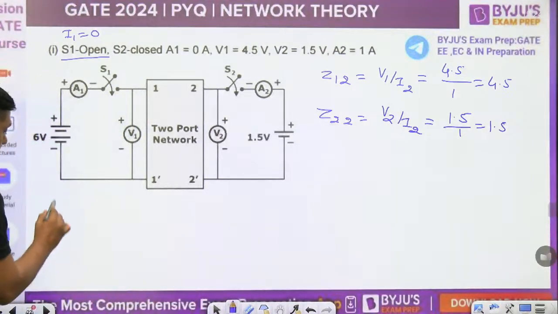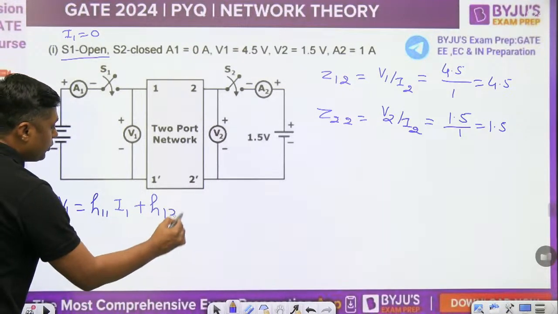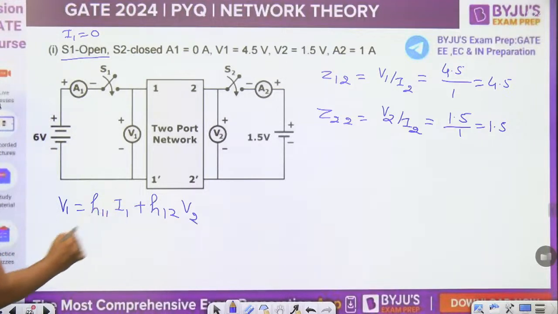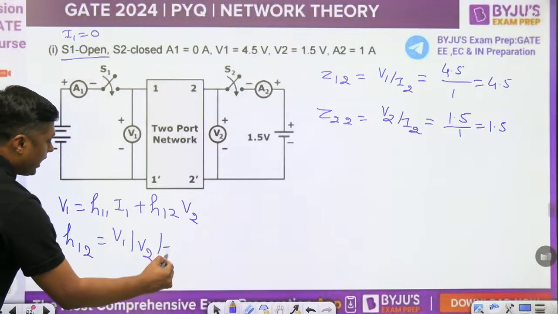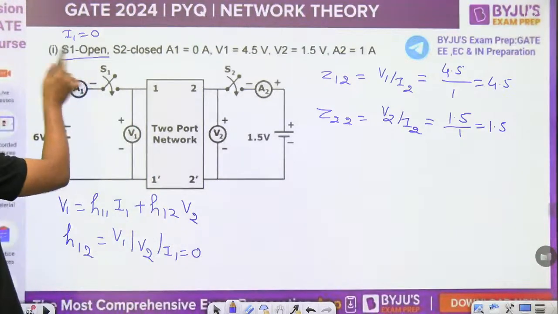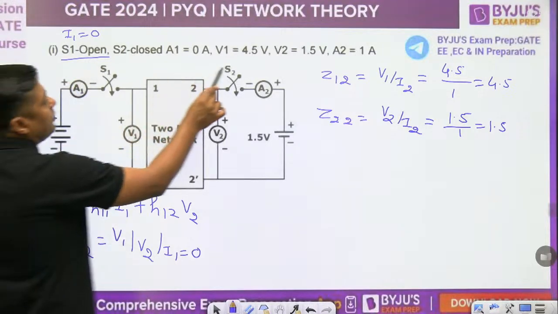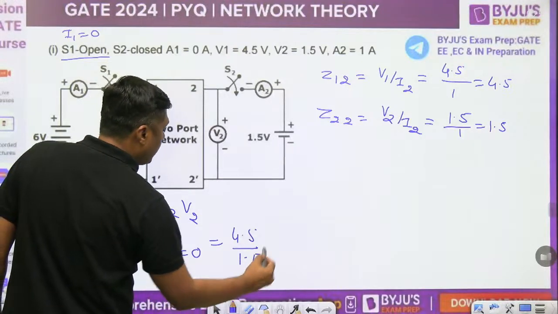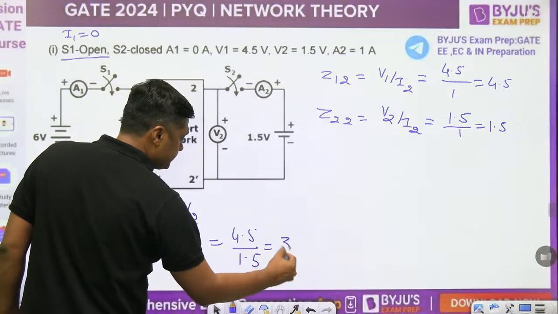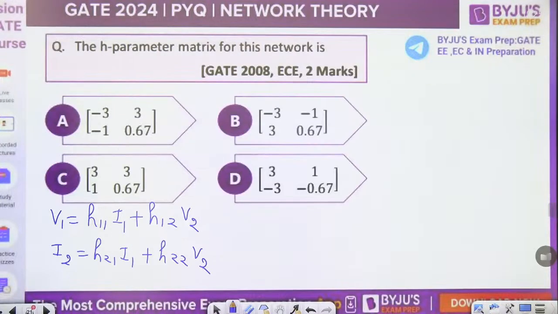V1 is equal to H11 I1 plus H12 V2. So what is the H12? V1 by V2 with I1 equal to 0. It is given 4.5, 1.5. 4.5 divided by 1.5, that is nothing but 3. Similarly, you can find H21.